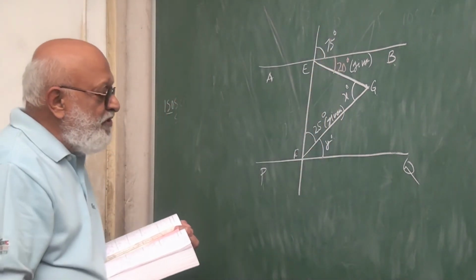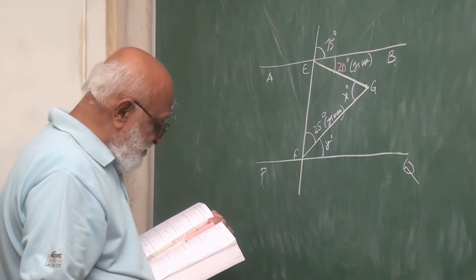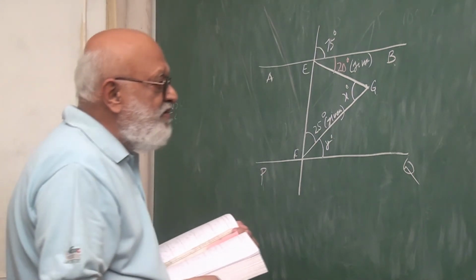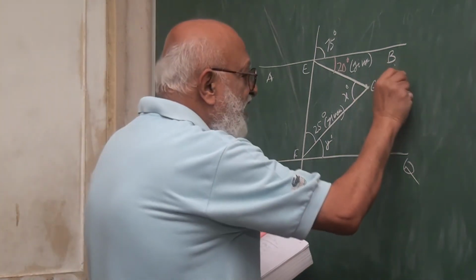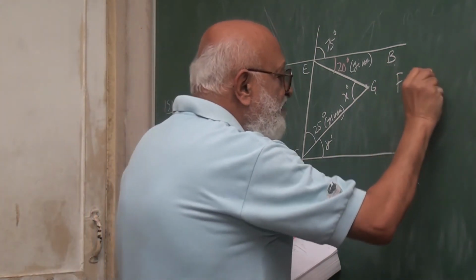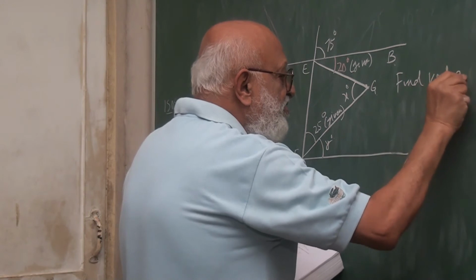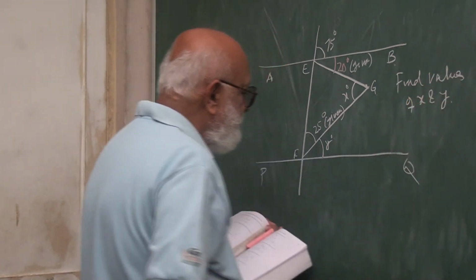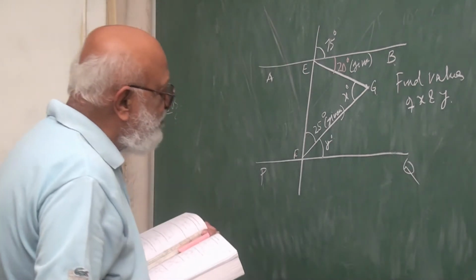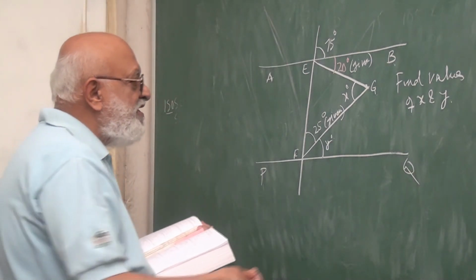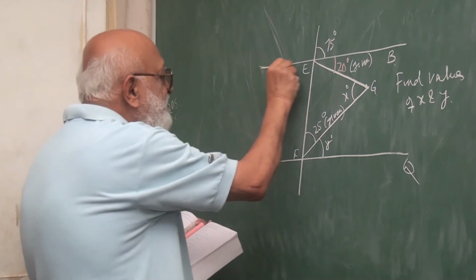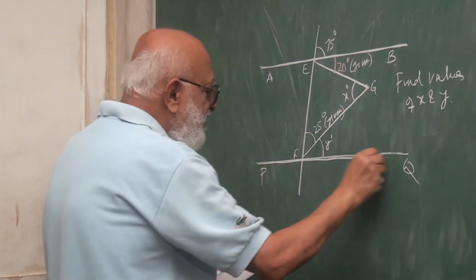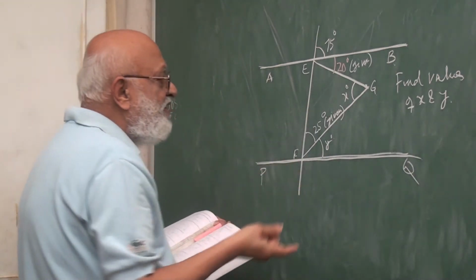So now see, these are given, and we have to find the values of x and y. What would be the first thing to start from? Take advantage of these two parallel lines. They are parallel lines, and I have only one transversal.